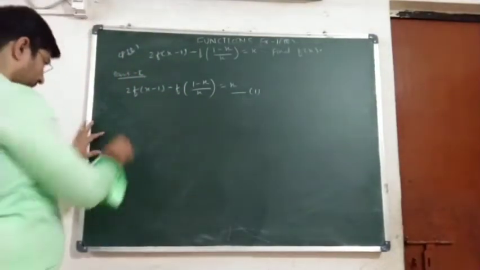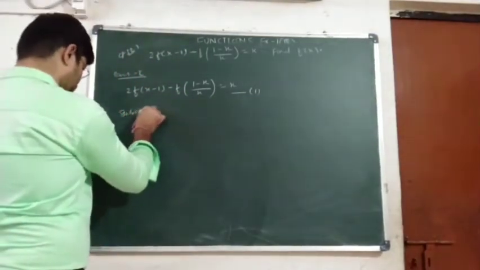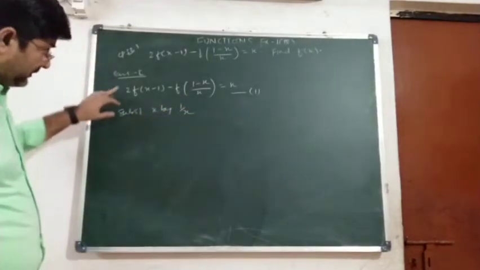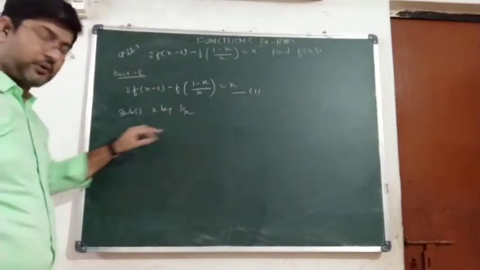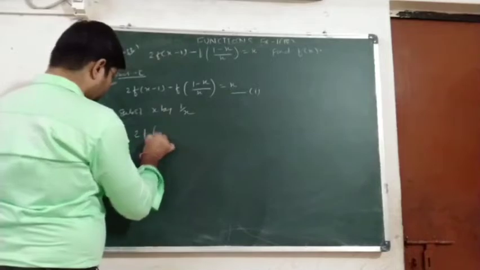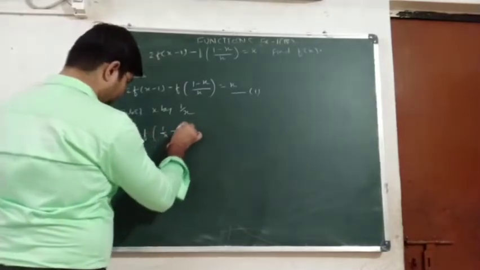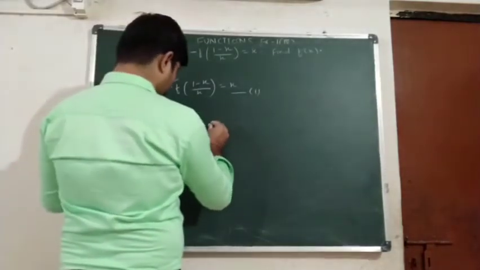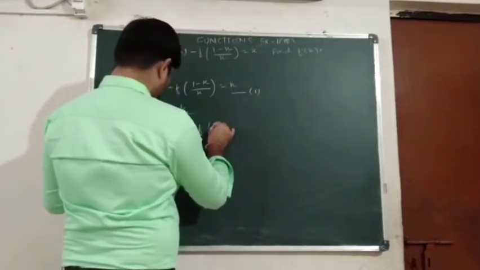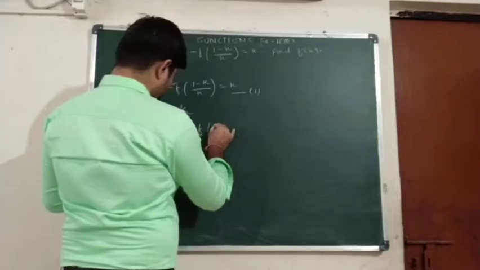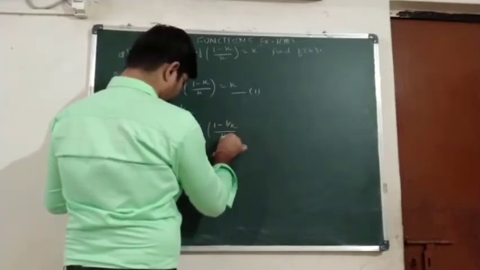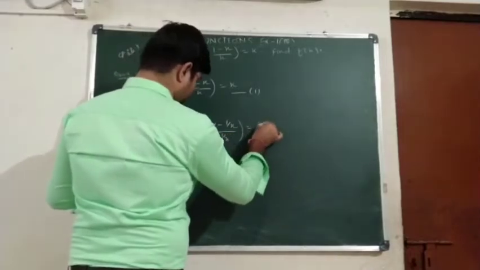Now let us substitute x by 1 upon x. So now in equation 1, x will be substituted by 1 by x. So we will get 2 into f of 1 by x minus 1 minus f of, this will become (1 minus 1 by x) upon 1 by x, is equal to 1 upon x.